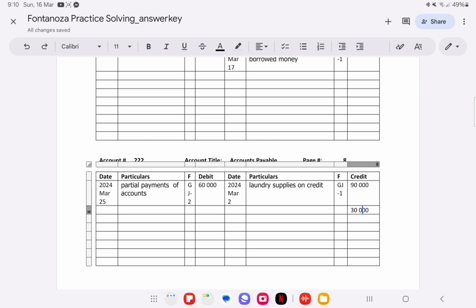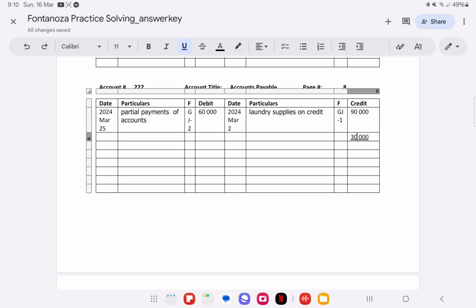So 30,000 goes in the credit. Okay, so you can underline, no, no need to double line yet. You can put a double line if you are already balanced.